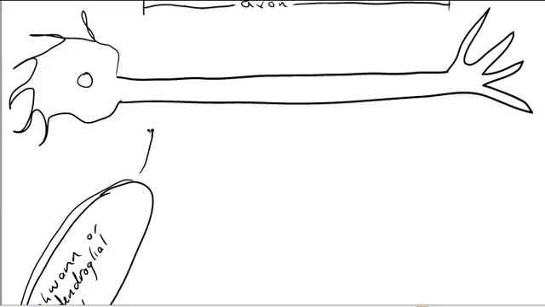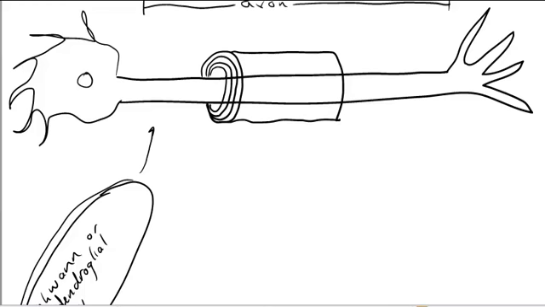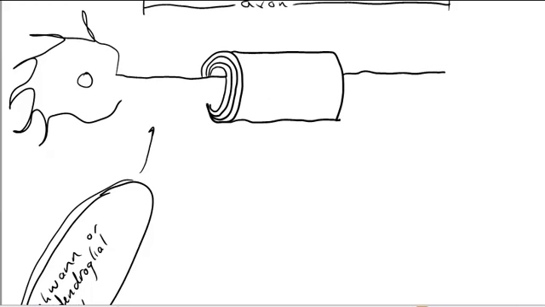Okay, so if you have this, it actually comes up here and it wraps itself around the neuron, in particular around the axon. It wraps around and around and around.